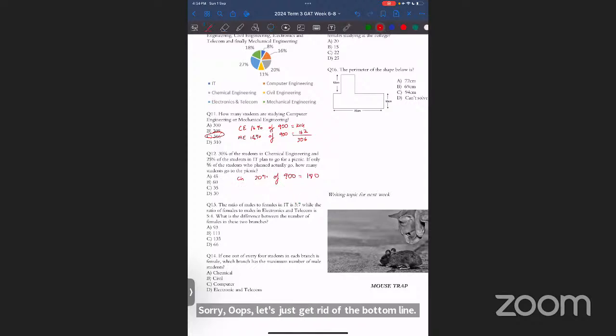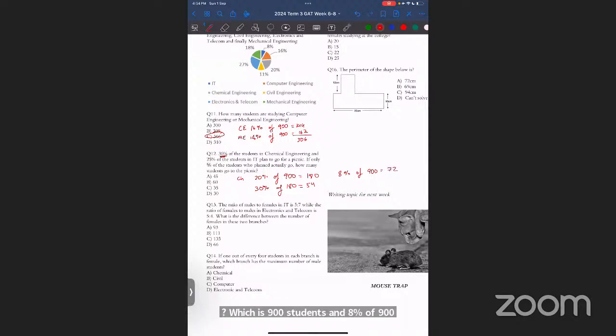We know there's 180 students in chemical engineering. Out of them, only 30% plan to go. So what is 30% of 180? That's equal to 54. Now we have to do the same thing for IT. 8% of the total population of the school is IT, which is 900 students, and 8% of 900 is 72.